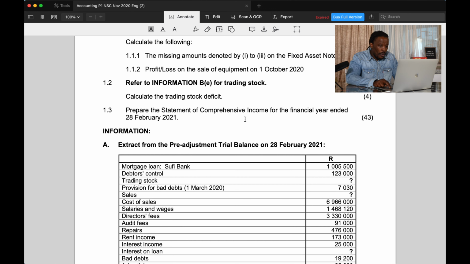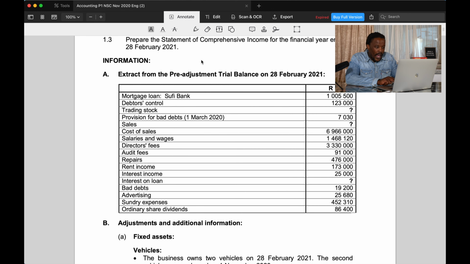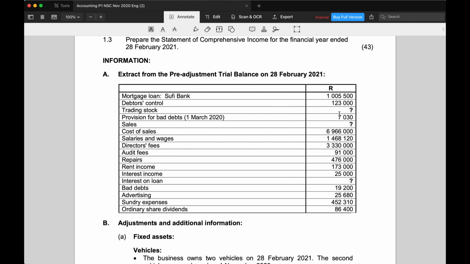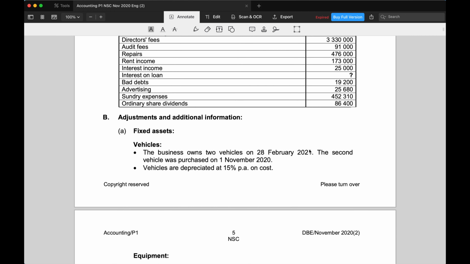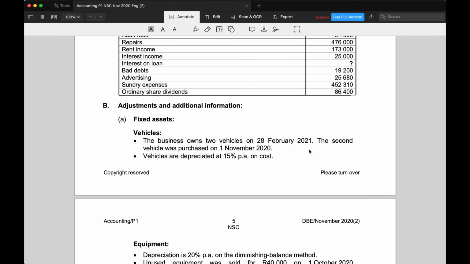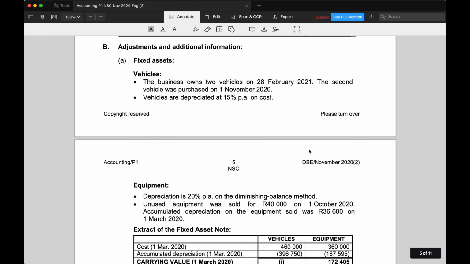We look at the information now. We are given this pre-adjustment trial balance, question mark on trading stock, question mark on sales, question mark on interest on loan. These are the question marks we are given. And then we have fixed assets, adjustments, and additional information.